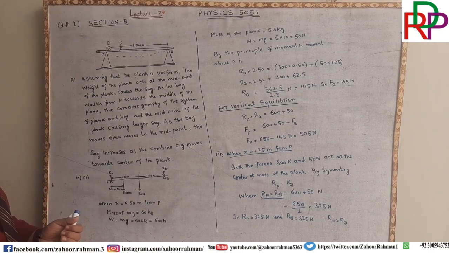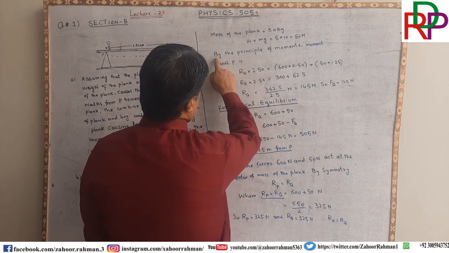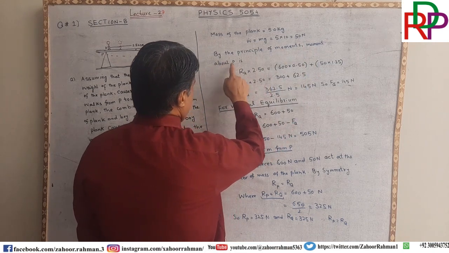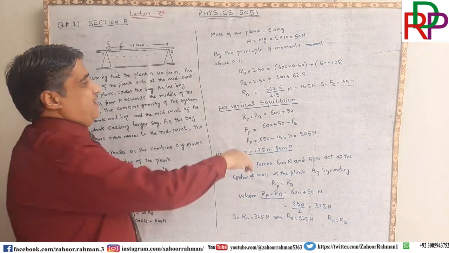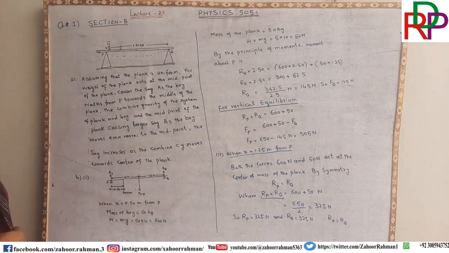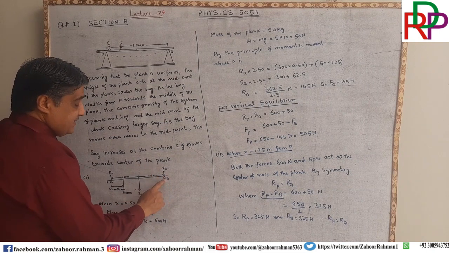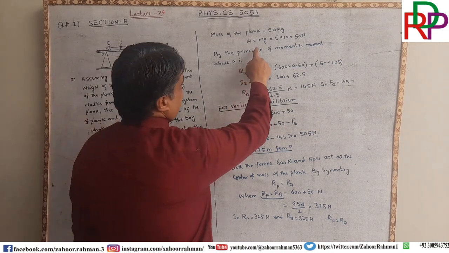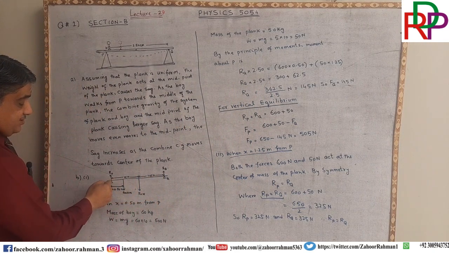Remember, we have studied the principle of moments, and here I wrote by the principle of moments, moment about P. Now we are talking about P. RQ means the reactive force applied by the trestle on this plank. So I am writing RQ and the distance from this trestle.